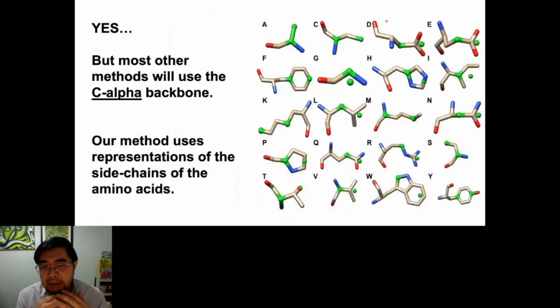But if we go through the literature, what you'll find is that most of the other methods will use the C-alpha backbone, whereas our method uses the representations of the side chains of the amino acids. This has advantages because quite a lot of the functions being carried out by these proteins will be carried out by these amino acid side chains and not at the point of the C-alpha.